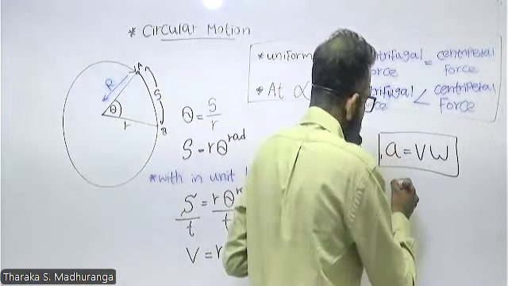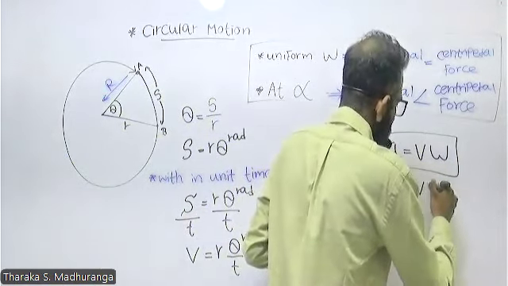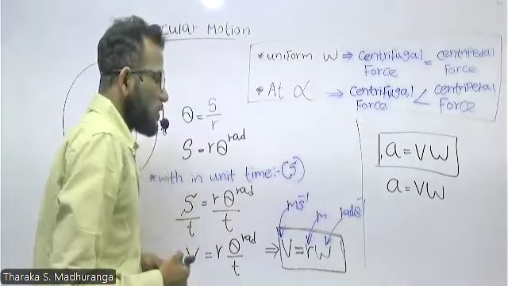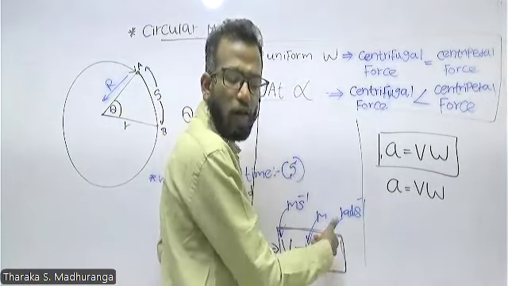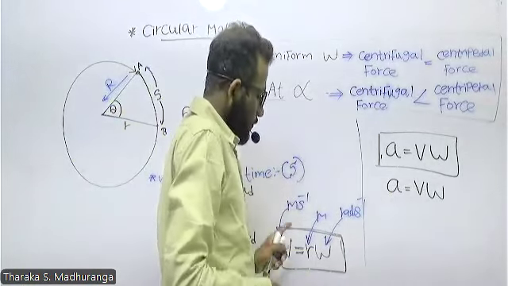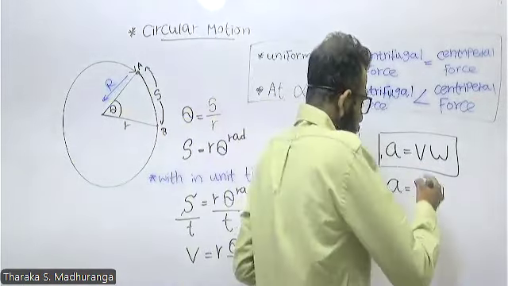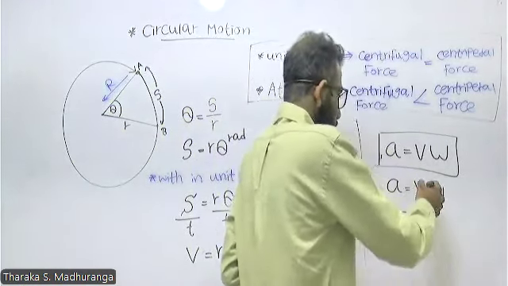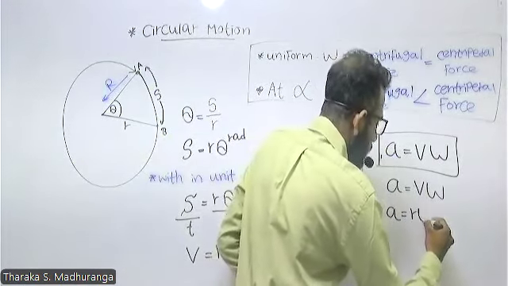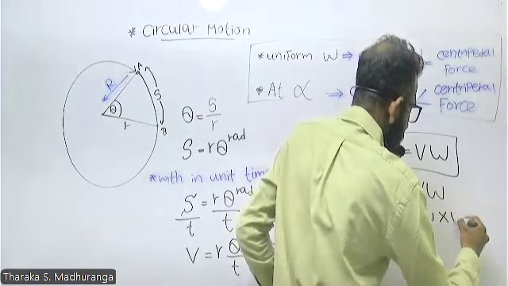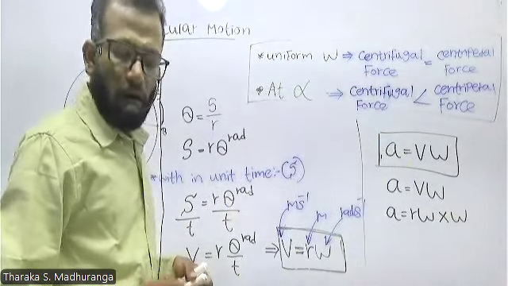Now, in this A equal V omega equation, instead of this V, I substitute R omega, because speed and R omega are equal. So instead of V, I substitute R omega into omega.